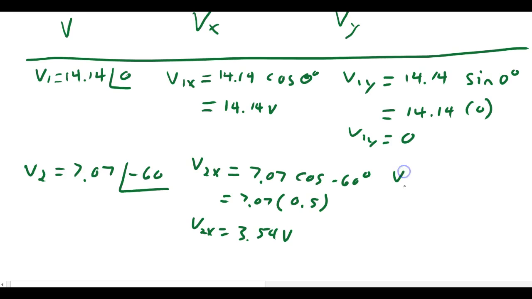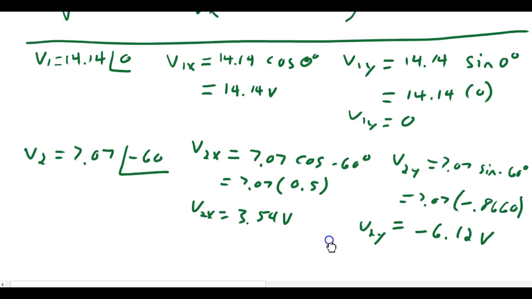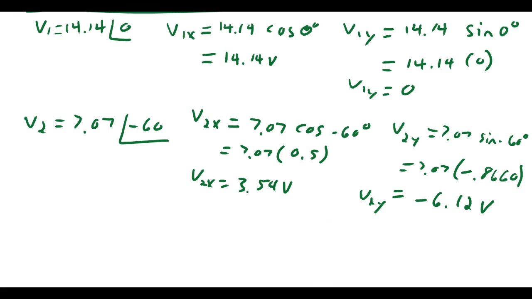Now V2y is 7.07 times the sine of negative 60 degrees. 7.07 multiplied by negative 0.8660 gives us V2y at negative 6.12 volts.